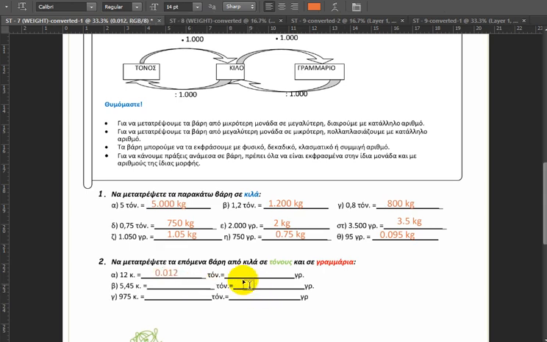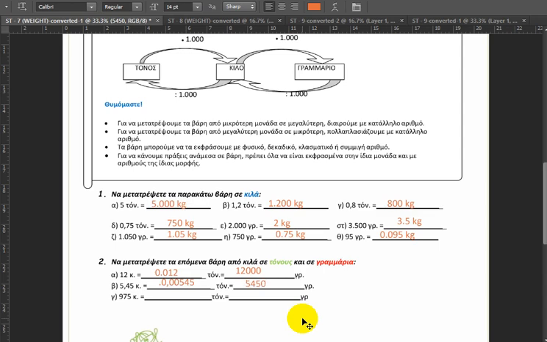And then to turn them into grams, I'd have to multiply by 1,000, so that would be 12,000. Then again, we divide by 1,000, so that would be here, how much? 0.00545. And here it would be 5,450.